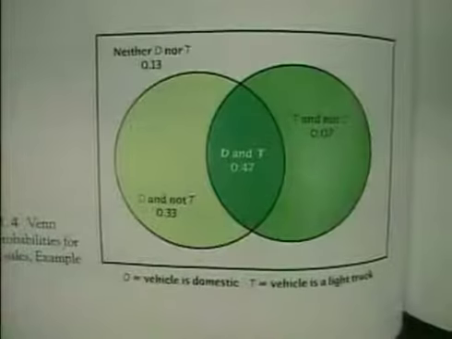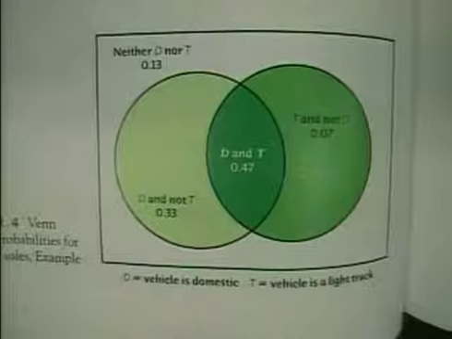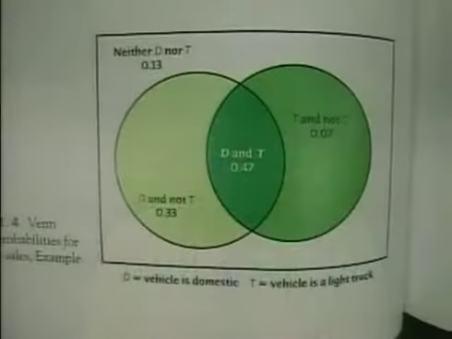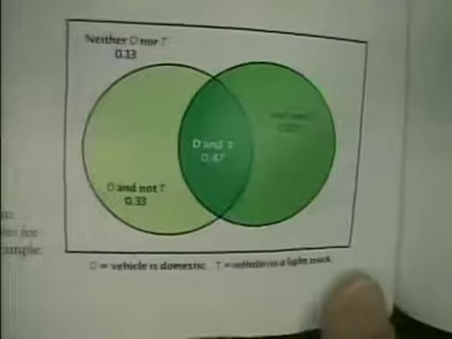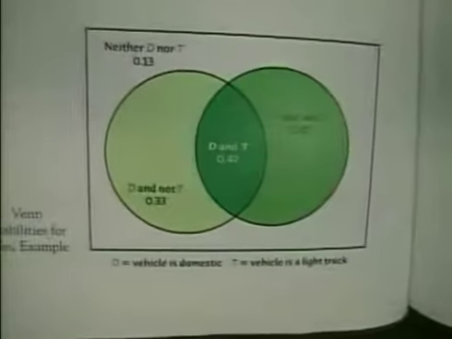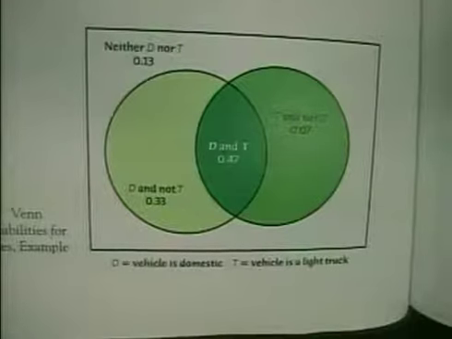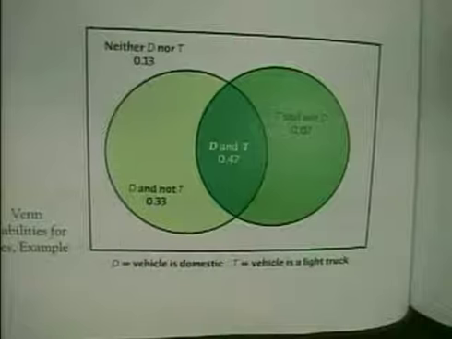Now, the notation here in terms of not E. Remember we had a complement rule: the probability of E is 1 minus the probability of not E. So we talk about not in the event, and this is what this diagram is referencing. What I want you to see is two circles. These two circles represent events. And where they overlap, with that deep forest green in the center, is your intersection.